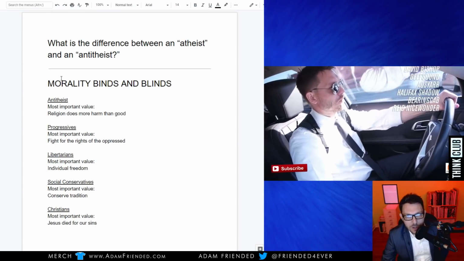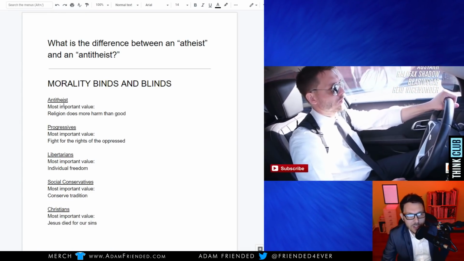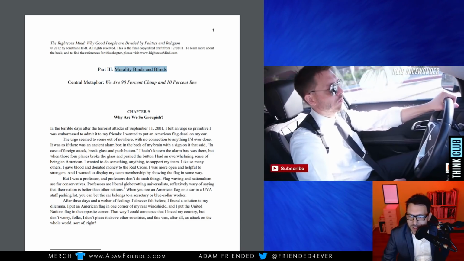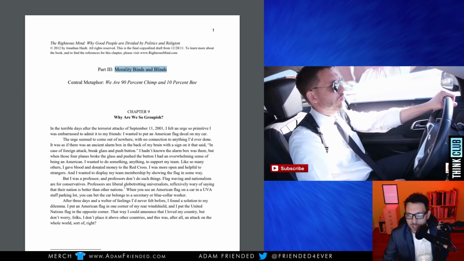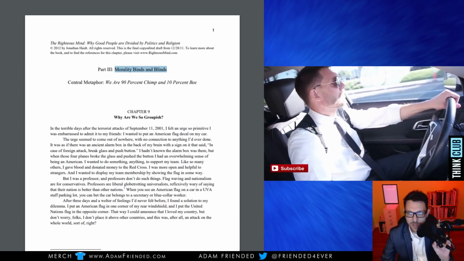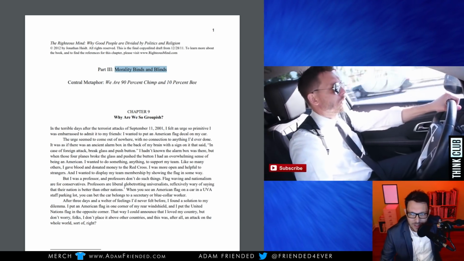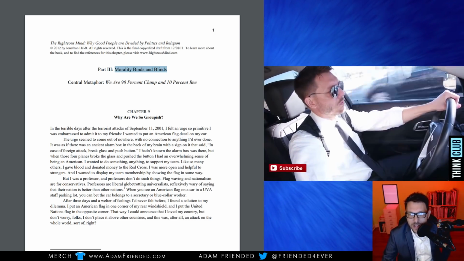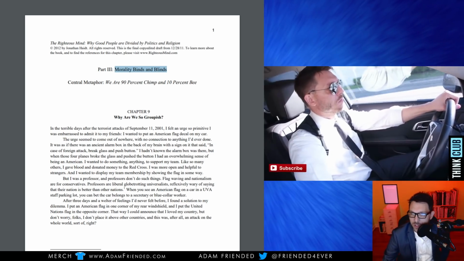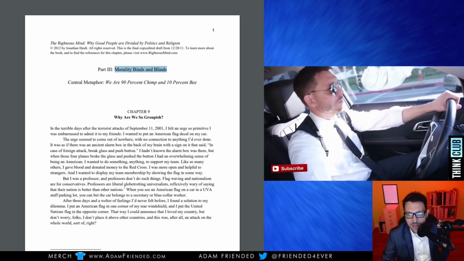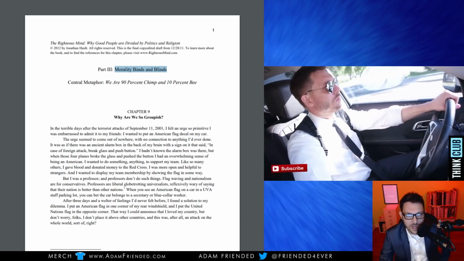But beginning here, we're going to be talking about the principle of morality binds and blinds, the principle laid out in Jonathan Haidt's best-selling book, The Righteous Mind. And I think this is the reason why we're having such a problem with fake news. You constantly hear about fake news, about people misrepresenting one another.